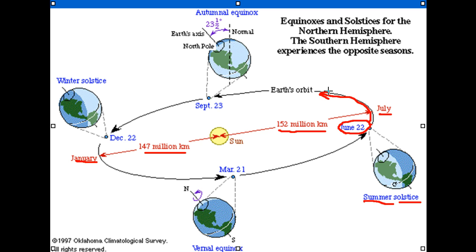Now, also write down that our sun is as far north as it will get during the year on June 22nd. That on June 22nd, our sun is as far north as it can get.